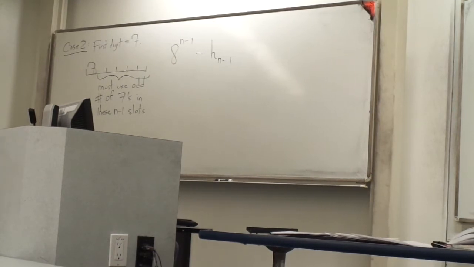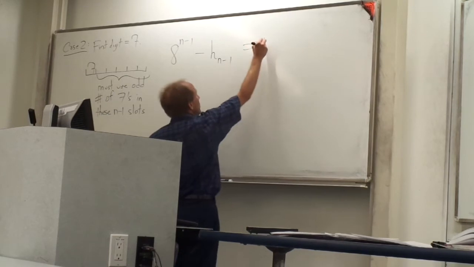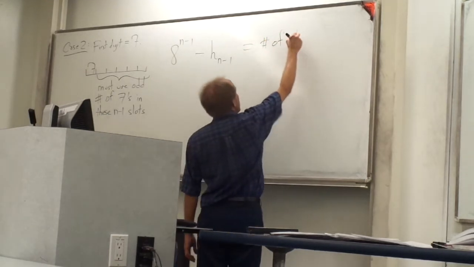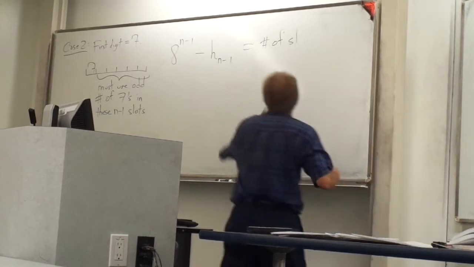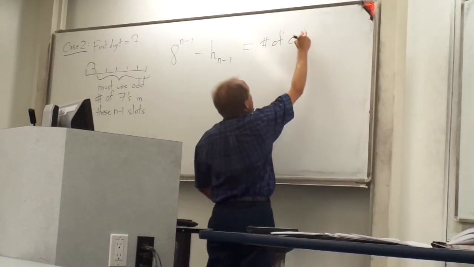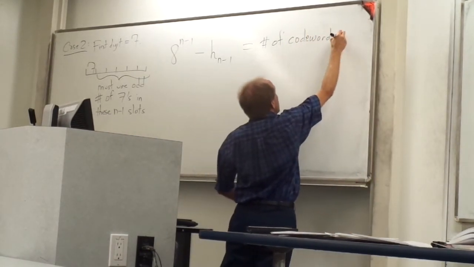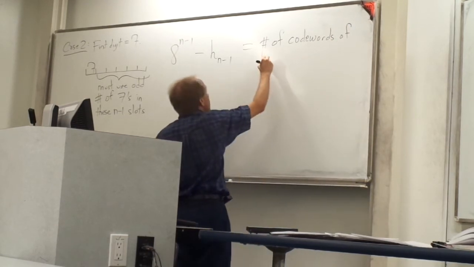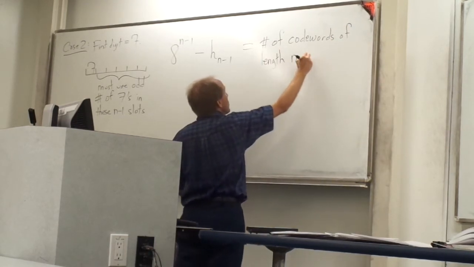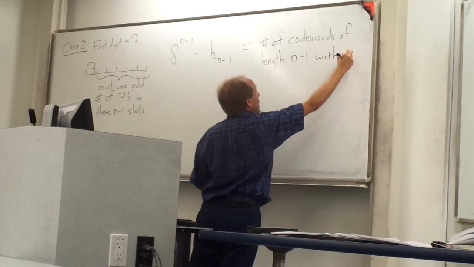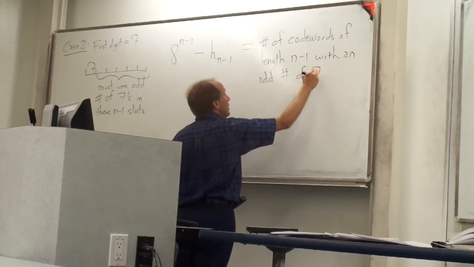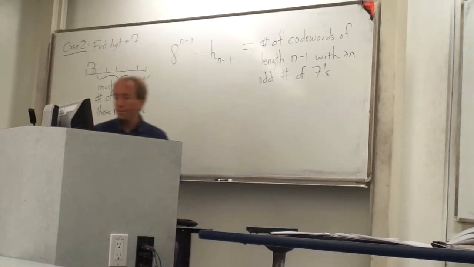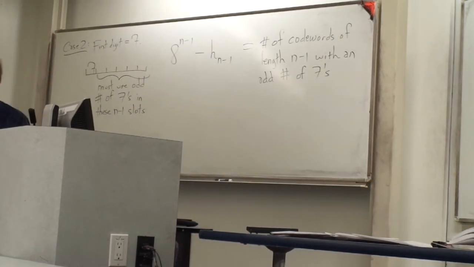So this right here is equal to the number of code words of length n minus 1 with an odd number of 7s. Okay?